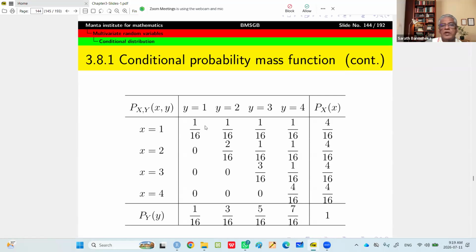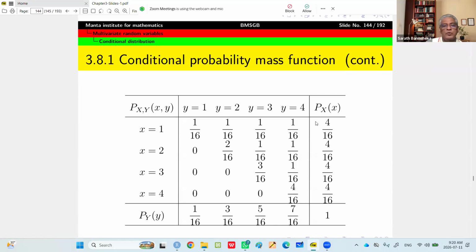So in that case, we are looking at these probabilities, but of course, the conditional probability mass function of Y given X equal to 1 itself has to be a separate, complete probability mass function, right? So if you add these probabilities, they don't add up to 1.